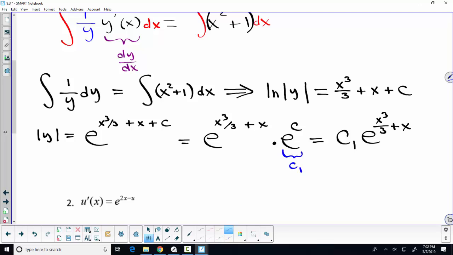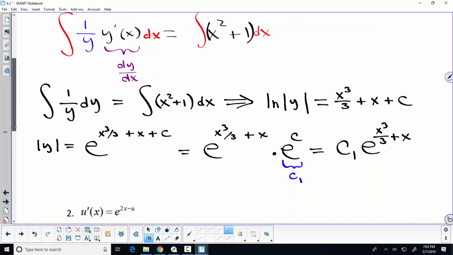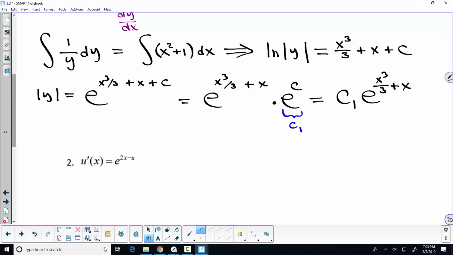Okay, absolute value of y is sort of redundant now at this point because this right here is positive. So we could just say that y is that constant times e to that power. Now hopefully that shows up a little better in your notes.